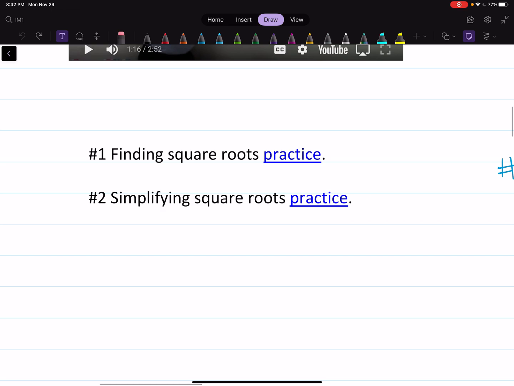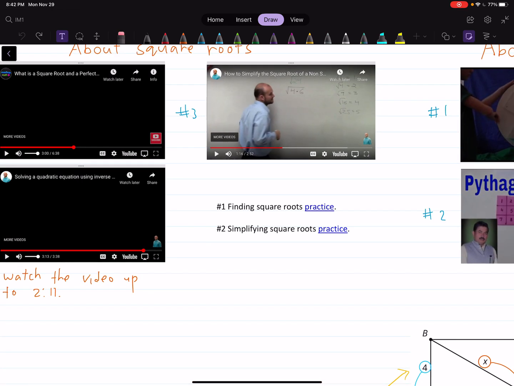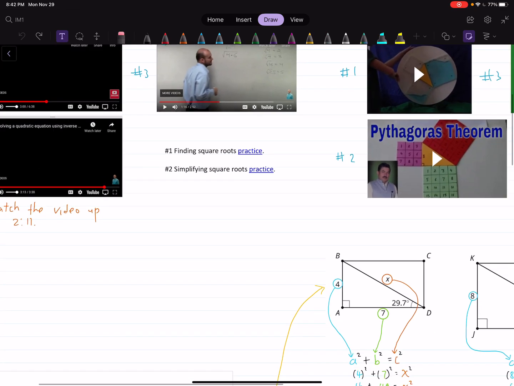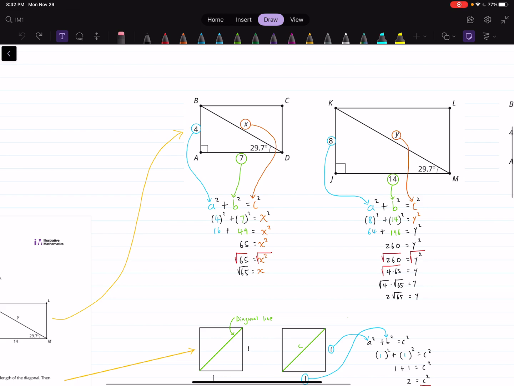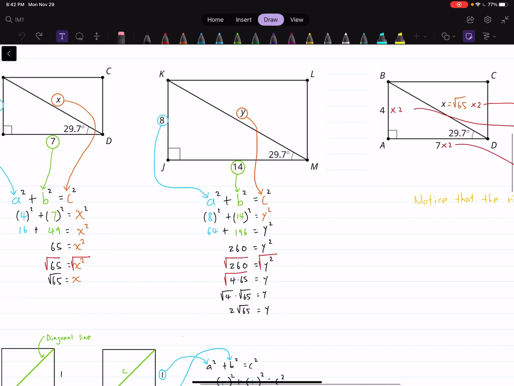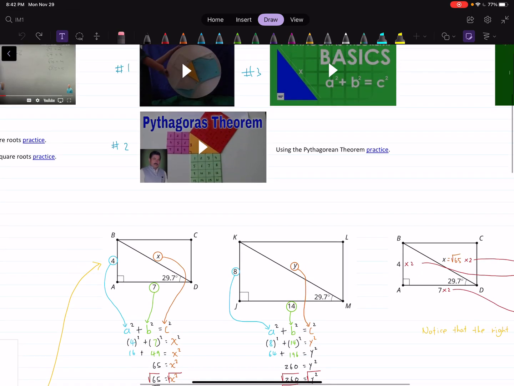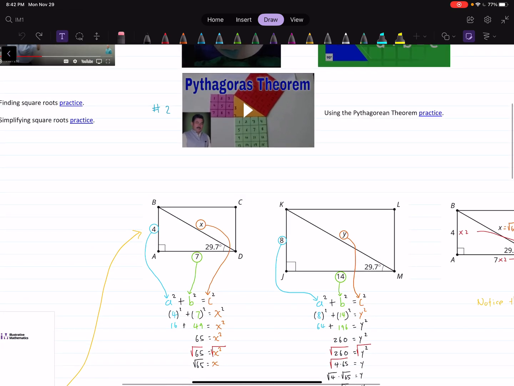It's just Khan Academy, and I think it will be very helpful. So I do encourage you guys to click on that and do some practice. I know it's a lot, but all these skills are really necessary for you guys to be able to solve for the lengths of the leg or the hypotenuse of the right triangle.